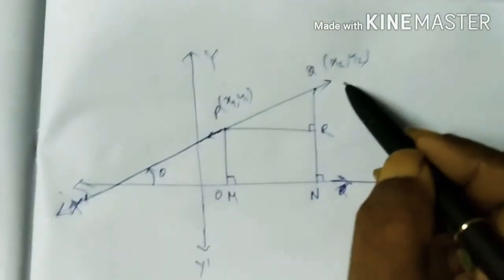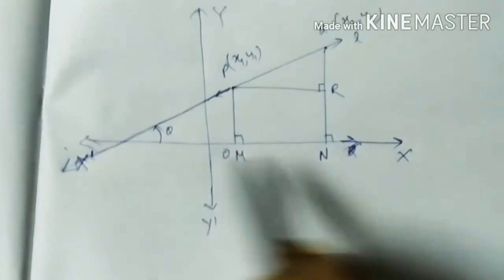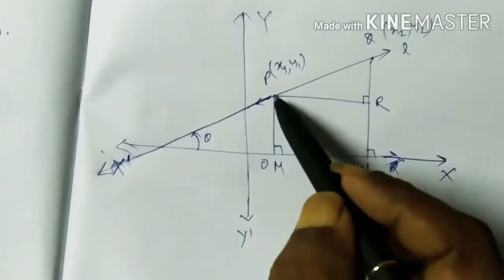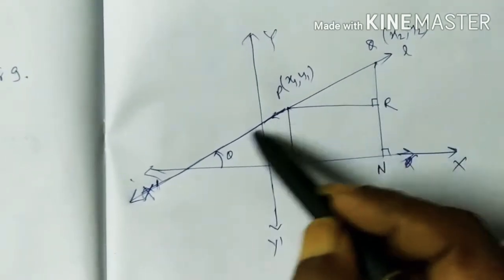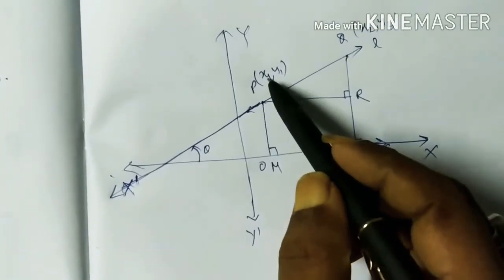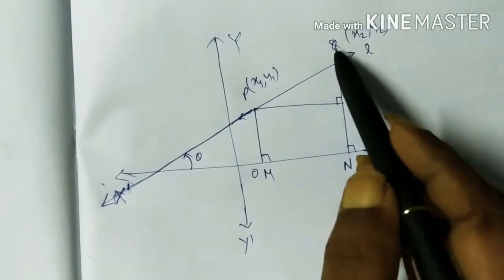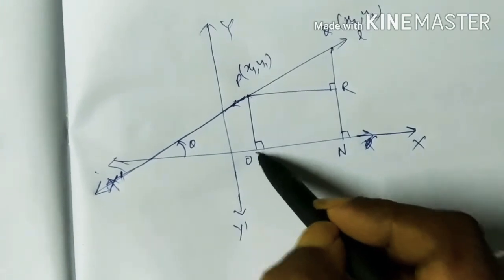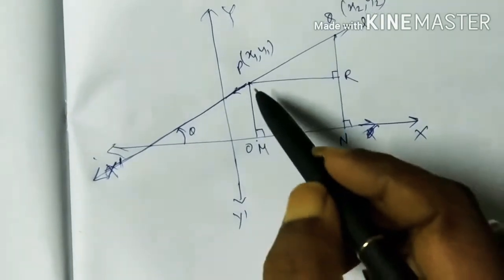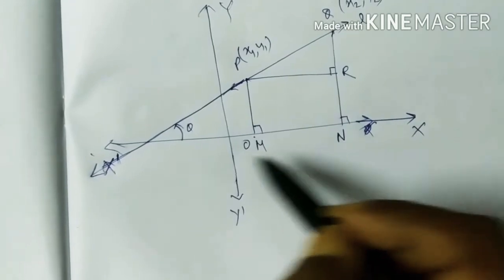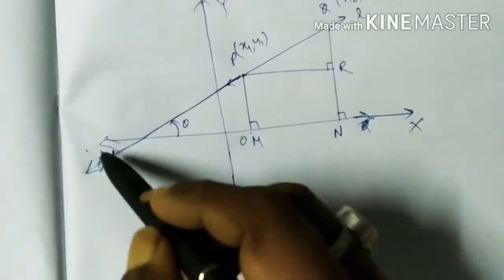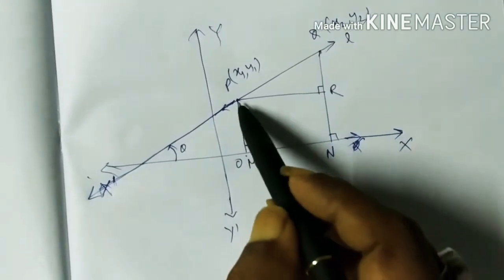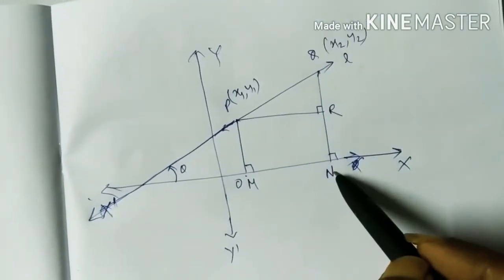This is the line which cuts the x-axis and makes an angle theta with respect to x-axis. The coordinate of P is x1, y1, and the coordinate of Q is x2, y2. Therefore, PM is perpendicular to x-axis, QN is perpendicular to x-axis and PR is perpendicular to QN.